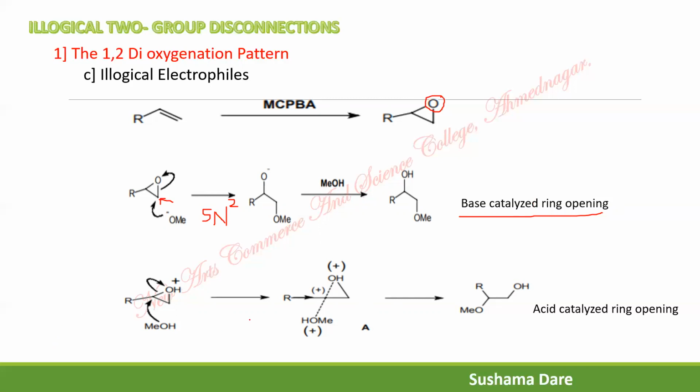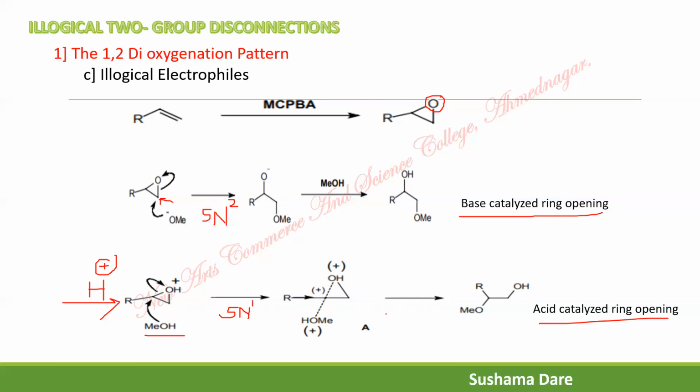What happens in the case of acid catalyzed mechanism? In the first step, the epoxide reacts with a proton, so protonation takes place at the epoxy oxygen. In the next step, the ring opens up, and the positive charge is generated on this carbon, that is, carbocation formation takes place. So this is an SN1 mechanism.